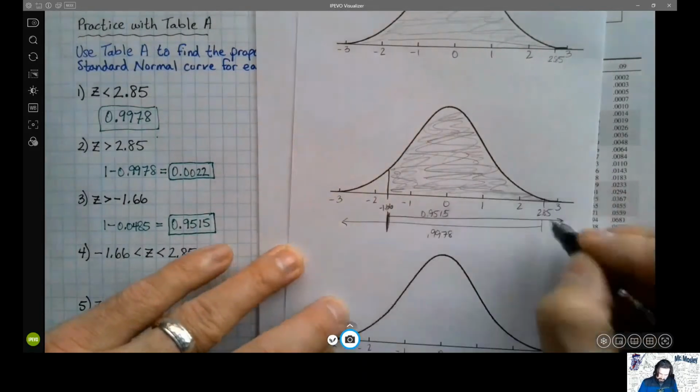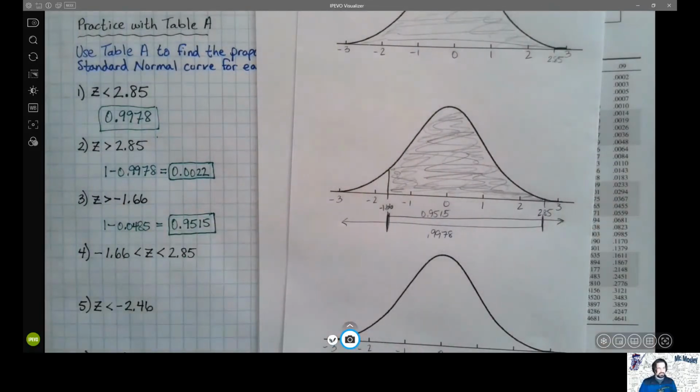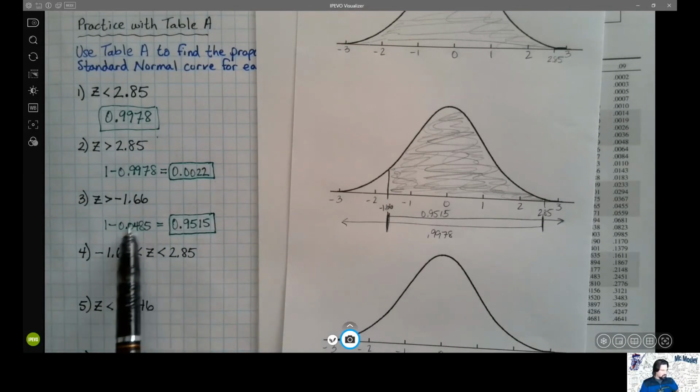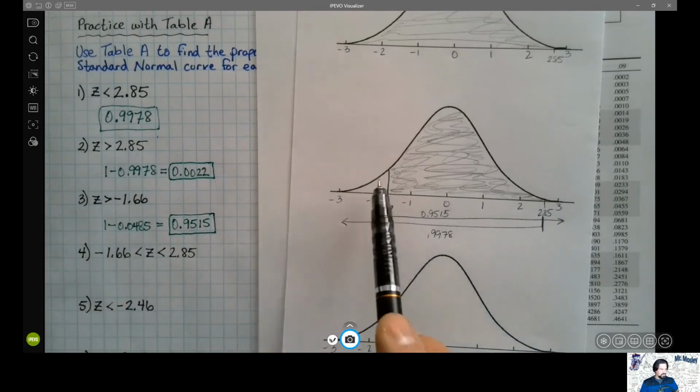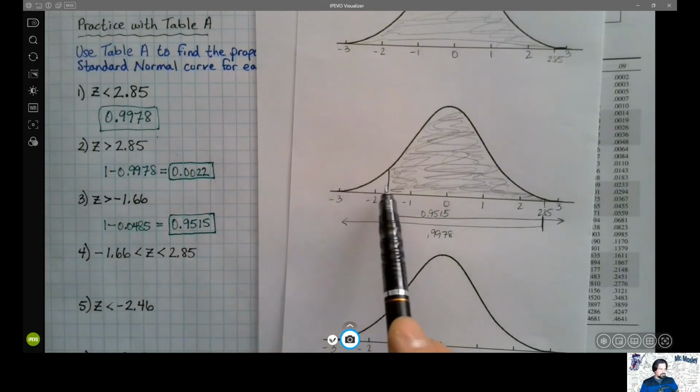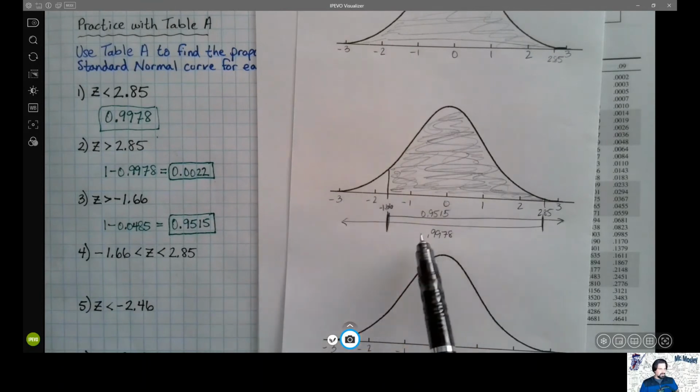All right, so I need this chunk between both. What would I do? I would think the easiest thing is to actually use this number again, because I can just subtract this number, the proportion less than here, from the 0.9978, which is kind of taking the place of being 100% in this scenario.